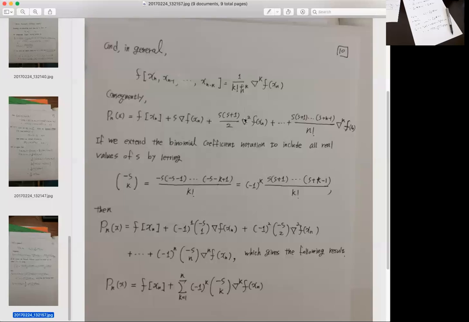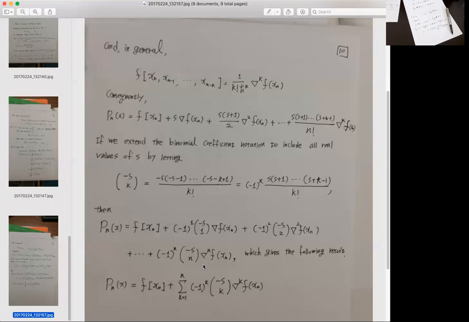So applying this formula to P_n of x, we could express all the polynomial terms in P_n of x in terms of the binomial coefficient notation like this.